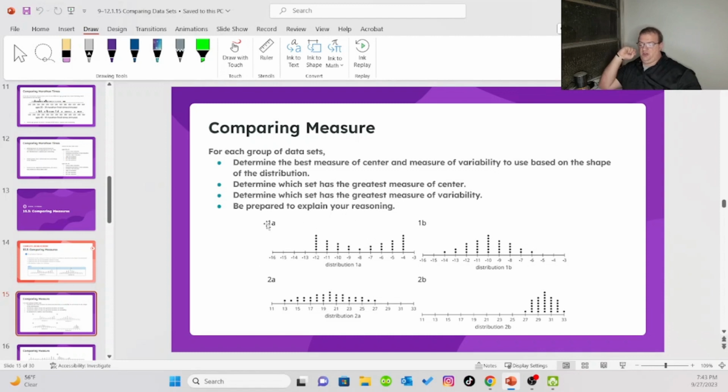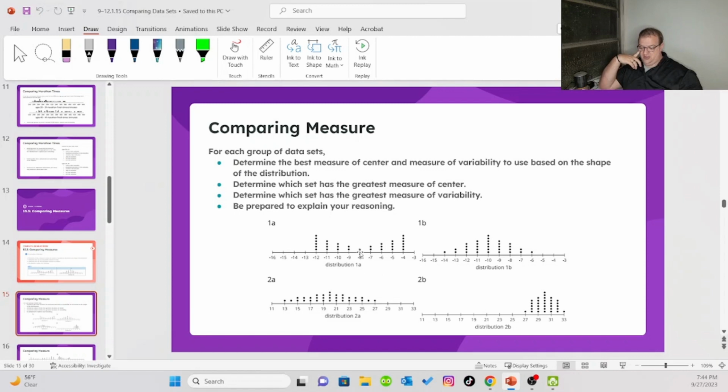So as we look at 1A and 1B, we have bimodal symmetrical, and we have bell-shaped symmetrical. So in this case, the mean and standard deviation are appropriate for these distributions because they are symmetric. The mean for distribution 1A is greater since the center is to the right of the center for distribution 1B.